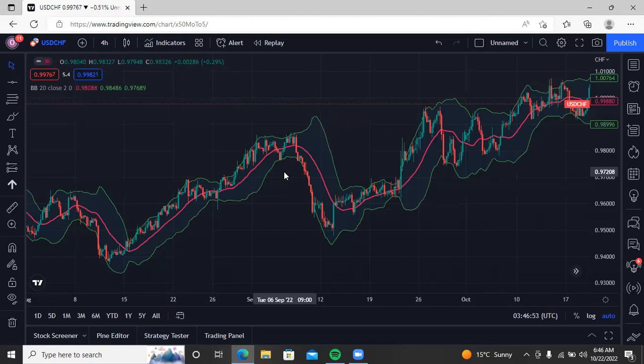What will come out of it is juice, right? So once the market starts squeezing together, it is getting ready to break to either side. This is where the market is ready to move in either direction.